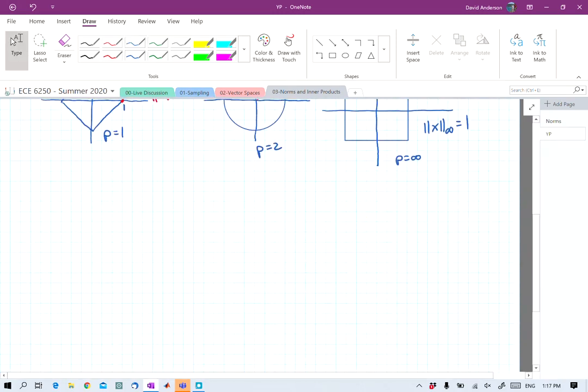One last thing, I've got just a little room at the bottom of the page. I've already spoken about this, but I just want to put this down so it's in the notes. What if p is equal to 0? Then L0 is not a norm. It counts the number of non-zero elements.